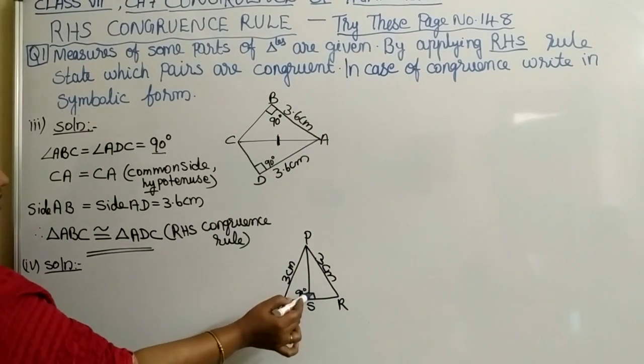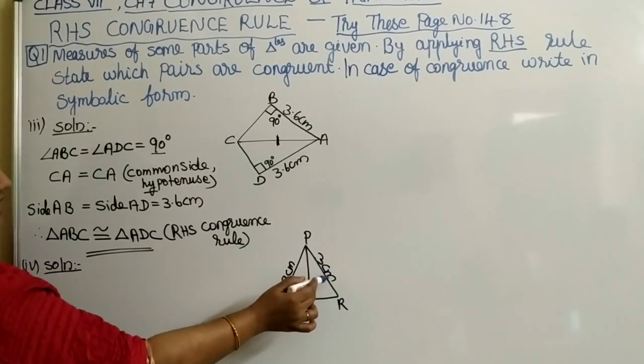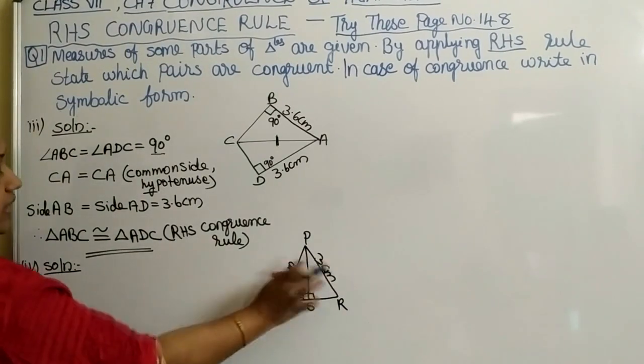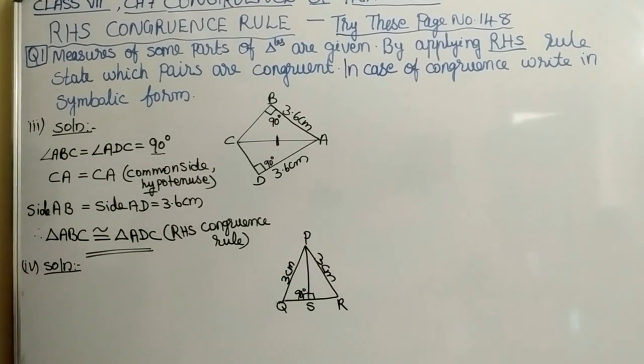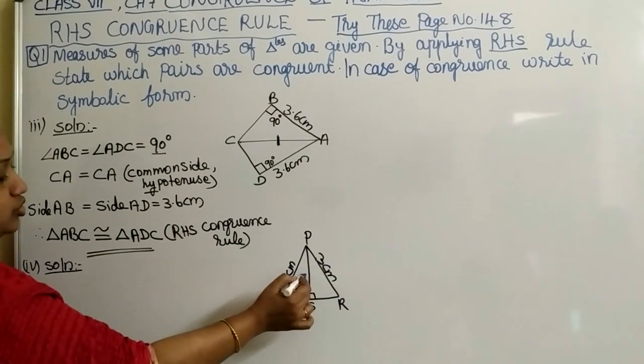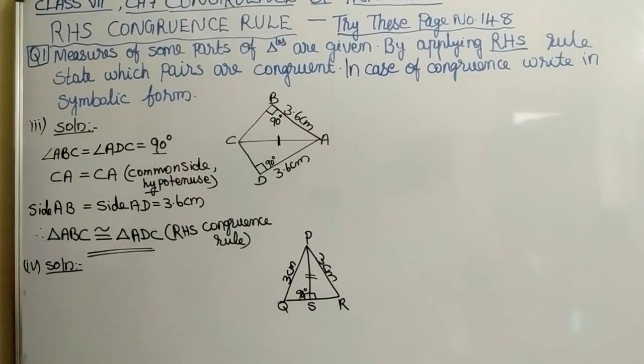And here PSR equal to 90 degrees, the opposite side is PR, which is the hypotenuse. The hypotenuses are equal. Now we want one more side to be equal in the triangles. See here the side PS, which is common to both the triangles. So this side is equal. So the given two triangles are congruent.